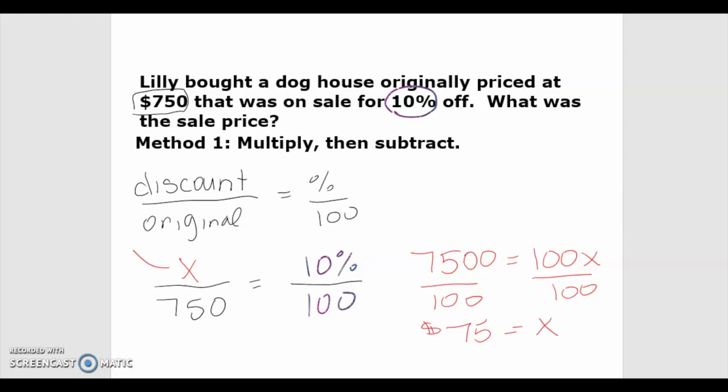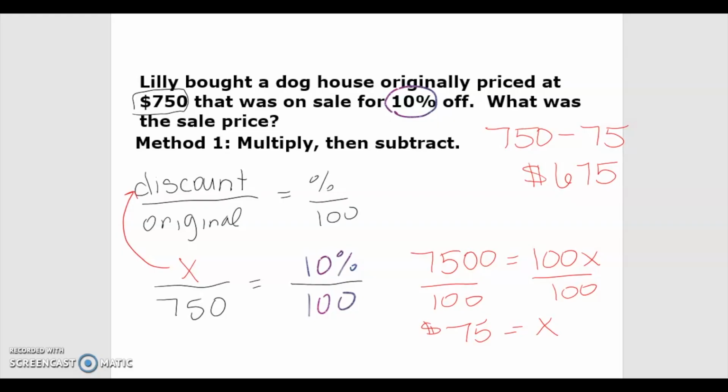So remember, X is the discount. That means that we're going to take $75 off the original price. It was originally $750, and we're going to take $75 off. So now the item is $675. That was our proportion method.